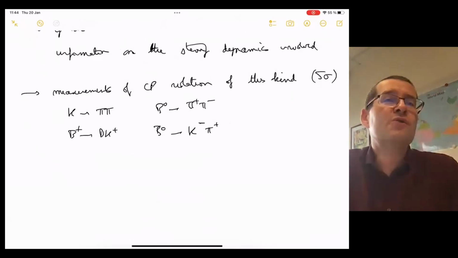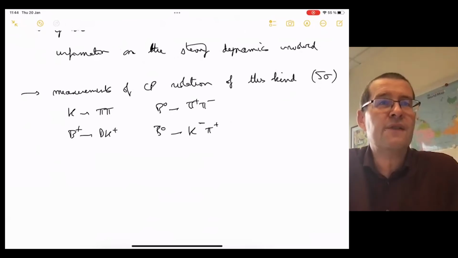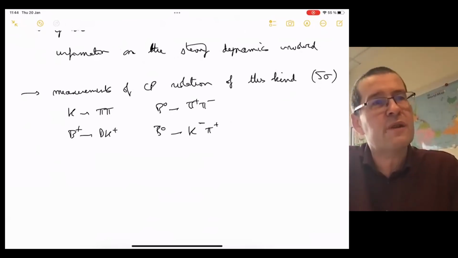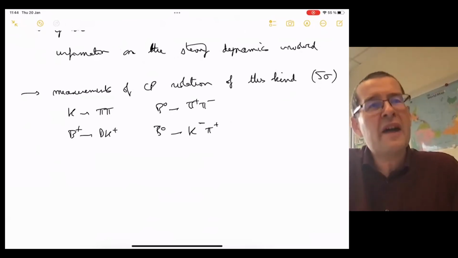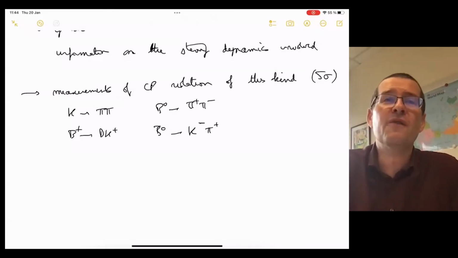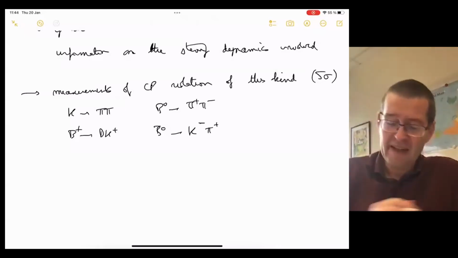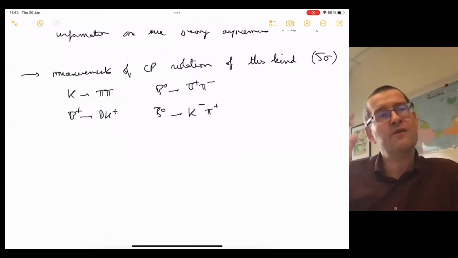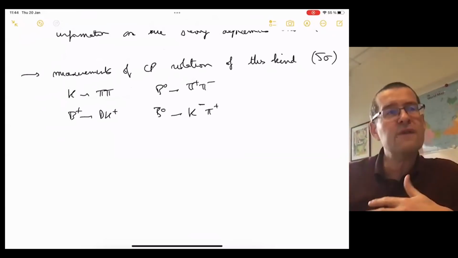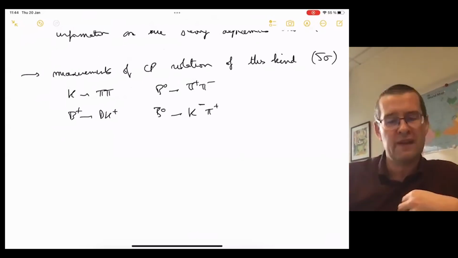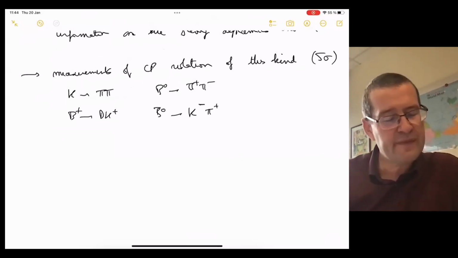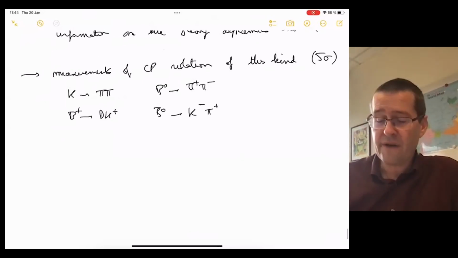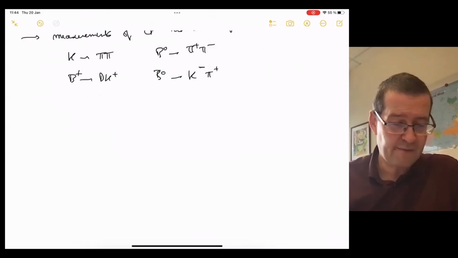But if you want to assess precisely the parameters describing this breaking, it's a different story, because being different from 0 and extracting a specific value for the parameters involved is not the same thing. Not to say that these measurements are not important, they are. I'm just saying you have to be careful that they cannot all be used for the metrology of the CKM matrix parameters.